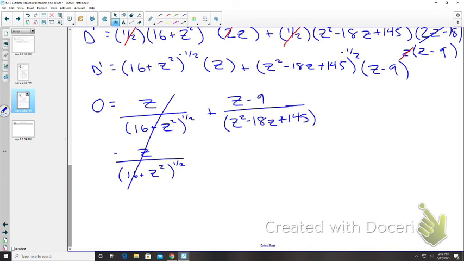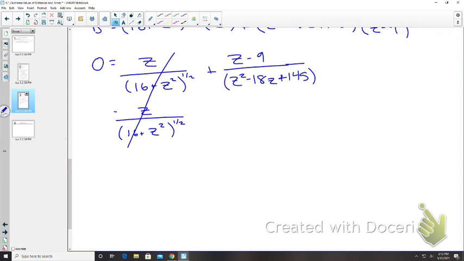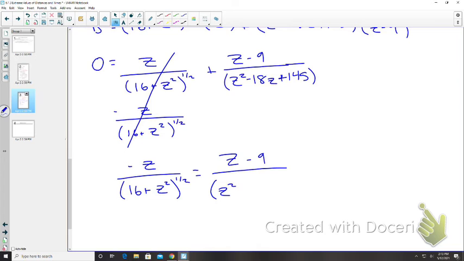Those will cancel. And now I have negative z over 16 plus z squared to the 1/2 is equal to z minus 9 over z squared minus 18z plus 145.